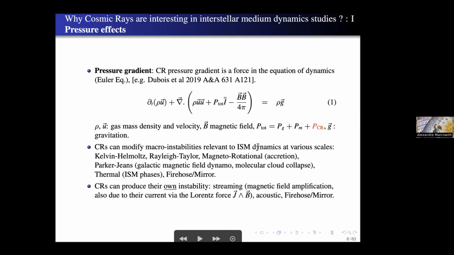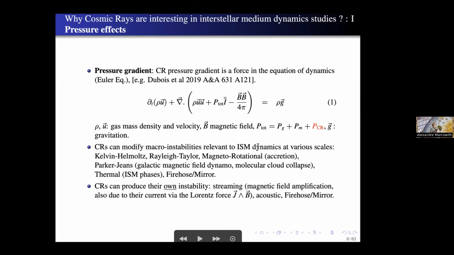So why are cosmic rays interesting for ISM dynamics? There are, let's say, at least 3 points, maybe more. The first one is mostly because of pressure effects. Cosmic rays can carry a lot of pressure, and here the pressure of cosmic rays is hidden in the total pressure, together with gas and magnetic field.